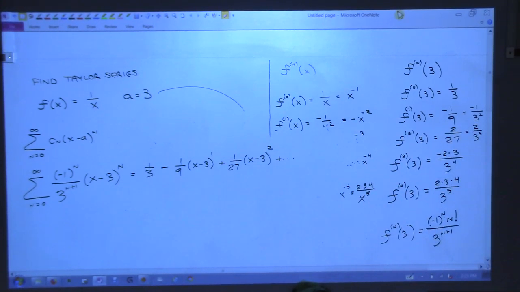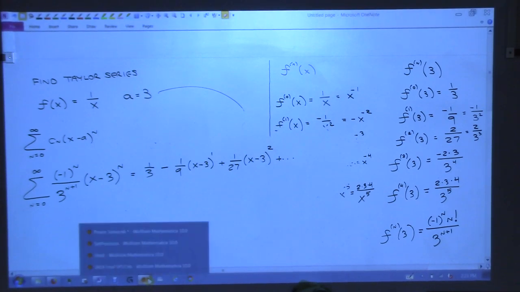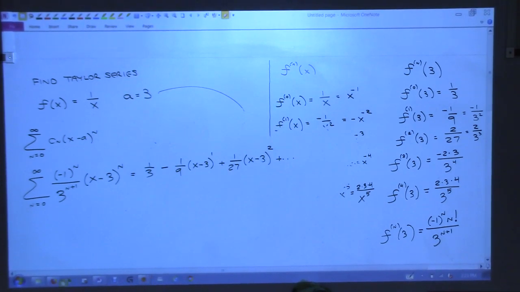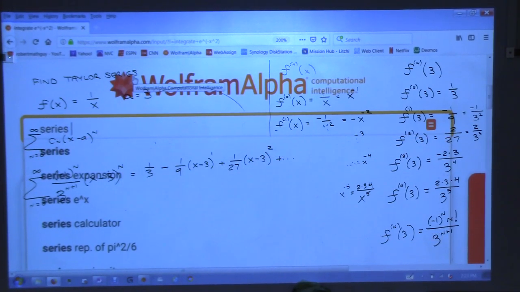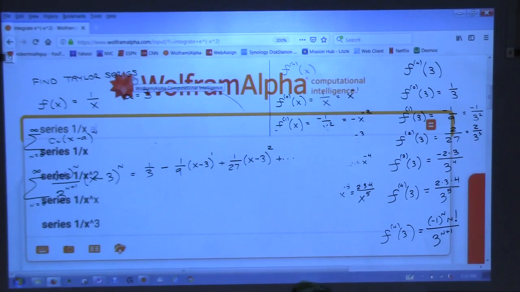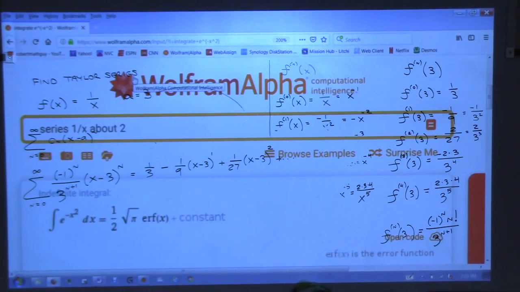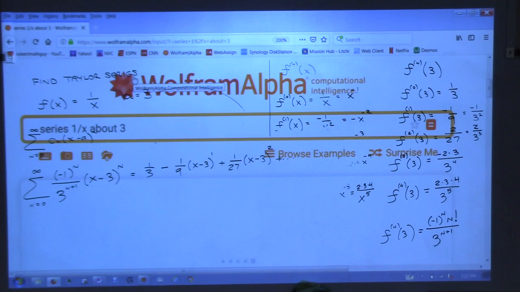I just wanted to write out the first few terms. I'm curious if Wolfram Alpha will give me the series of 1 over x about 3. What do you think? You think it's going to know what to do with this? I have never tried this.